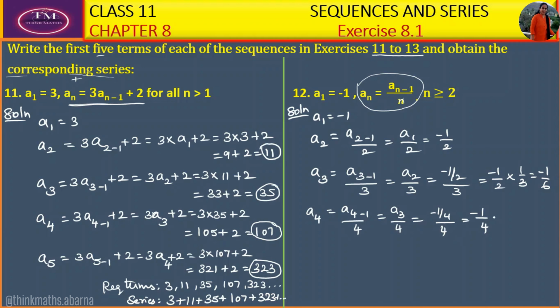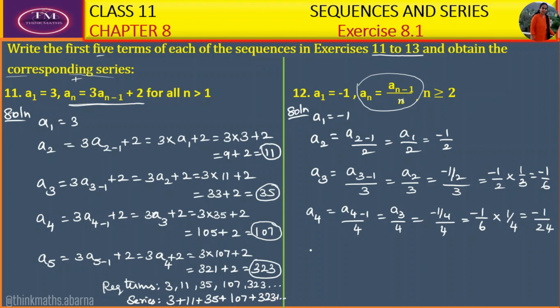Here also there is a mistake. So we got the answer for a3 as minus 1 by 6. So minus 1 by 6 into 1 by 4 is minus 1 by 24.